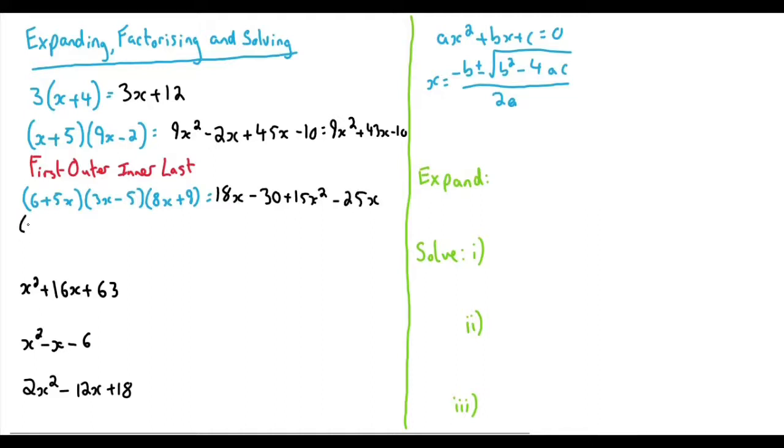Rewriting this now in brackets and in order of descending powers, so 15x squared, the 18x minus the 25x is going to leave us with minus 7x, and then here's going to be minus 30.